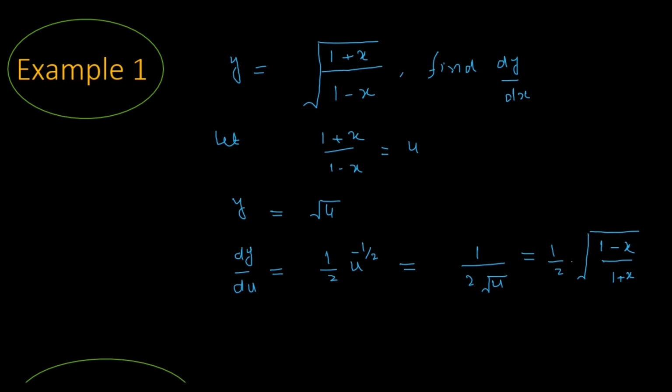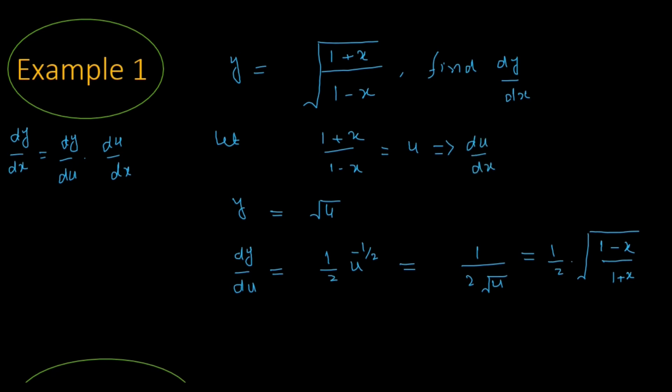Now we apply the chain rule. The chain rule is dy by dx, which is equal to dy by du times du by dx. Now putting the value over here, we need to find du over dx.